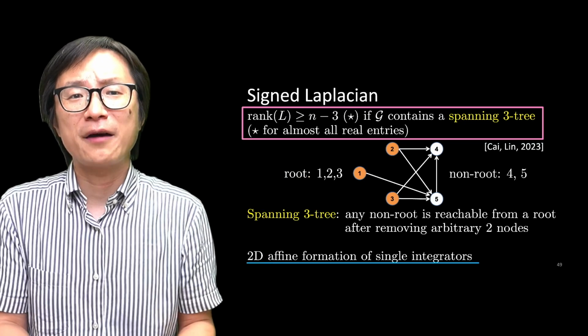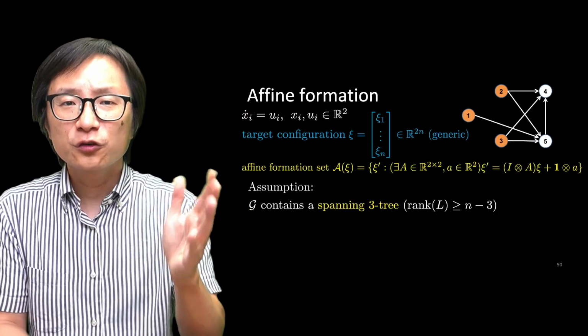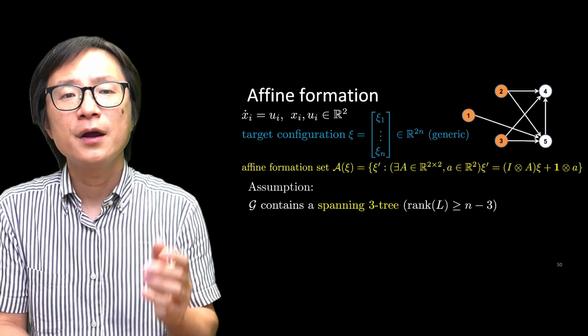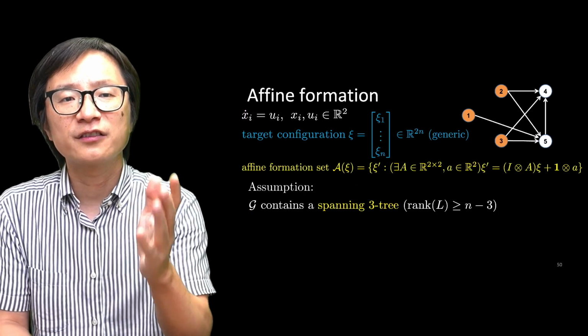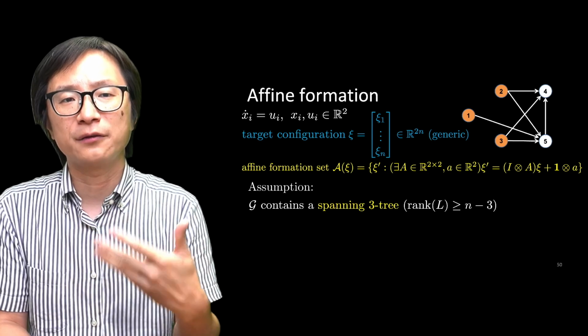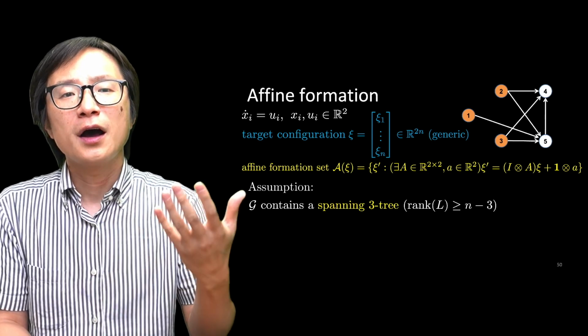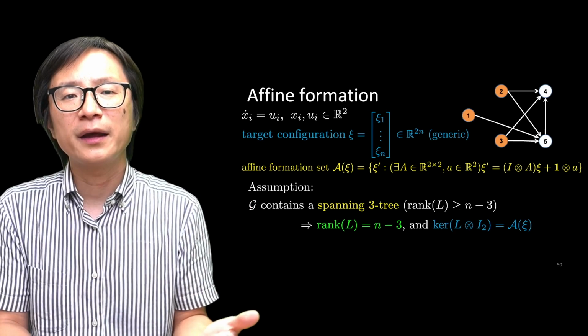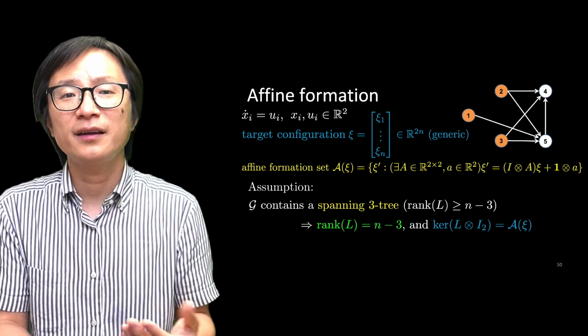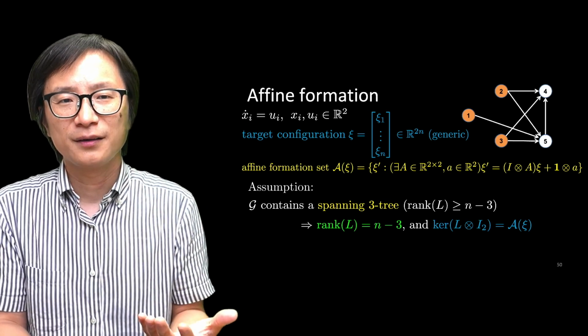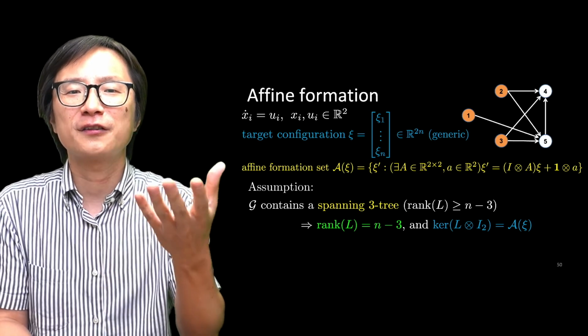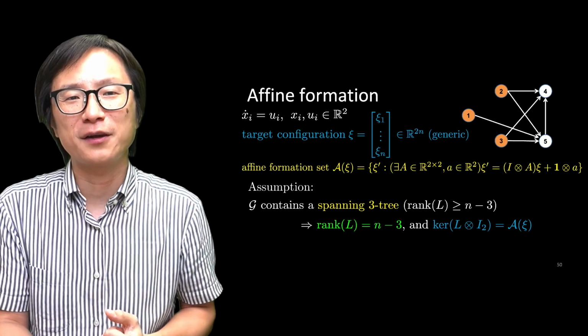Now let's make this graphical assumption. We assume the graph contains a spanning 3-tree, which means that the rank of the signed Laplacian is at least n-3. So this leaves only one possibility, namely the rank of the signed Laplacian is exactly n-3. So the kernel of the signed Laplacian is exactly 3 dimensions.